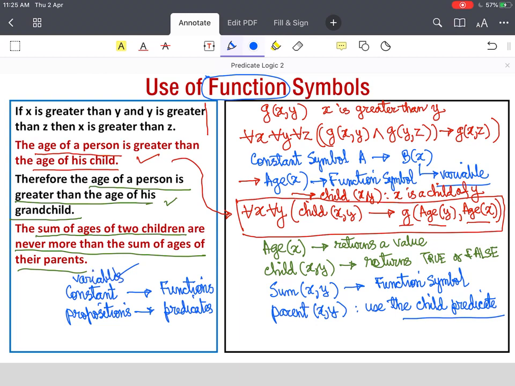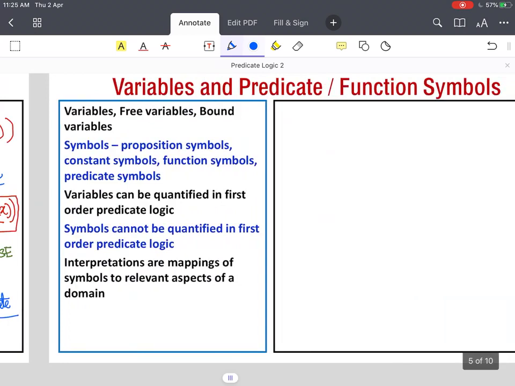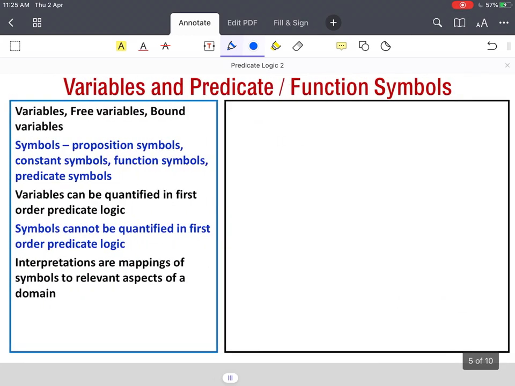So in first order logic, we had variables, constants and function symbols, propositions and predicate symbols, and these two new quantifiers which were added to Boolean logic to give us the predicate logic or first order logic. This is the summary.